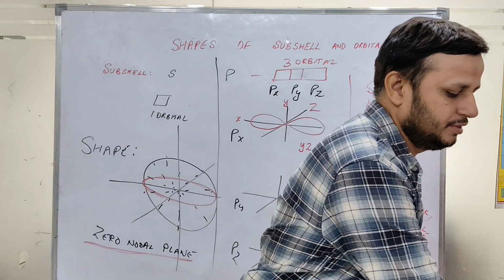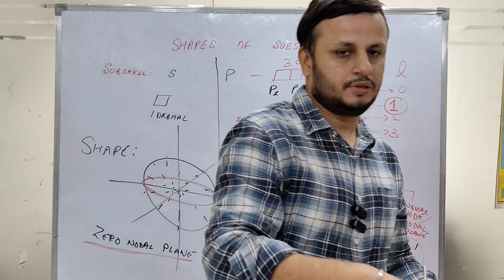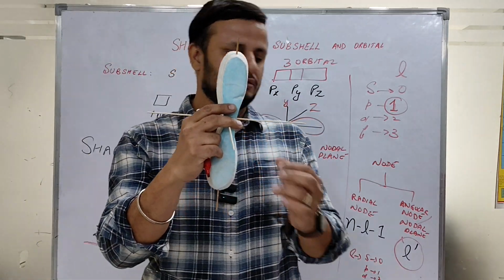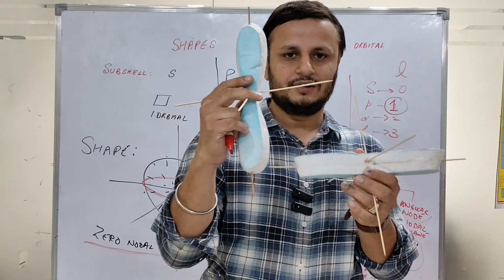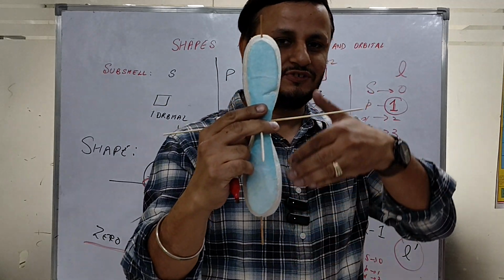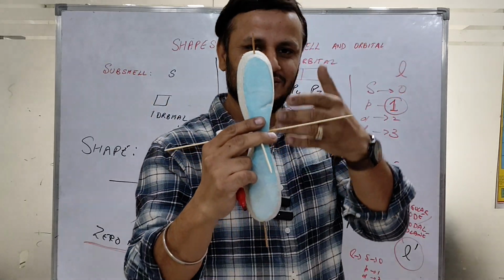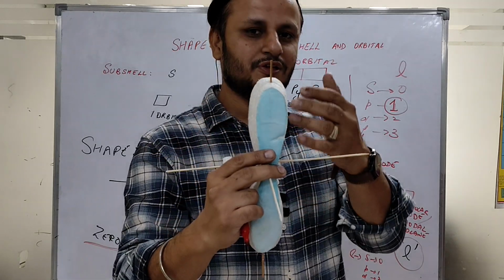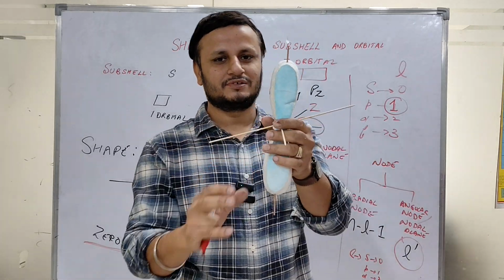Similarly, Py. This was Px and now Py. In Py, the dumbbell lies along the y-axis. The probability of finding the electron is along the y-axis.